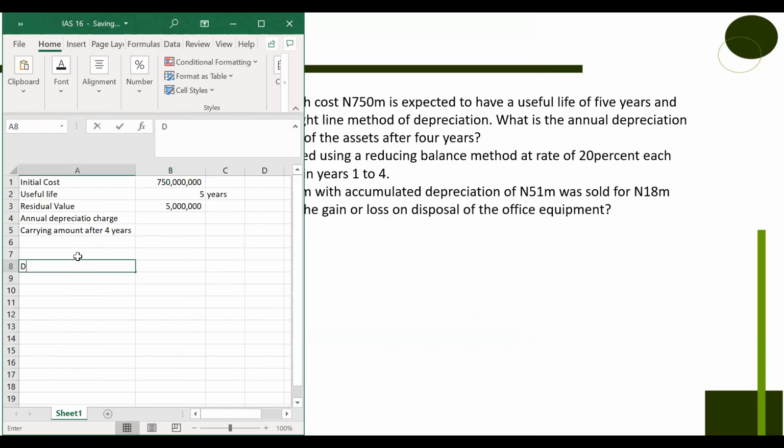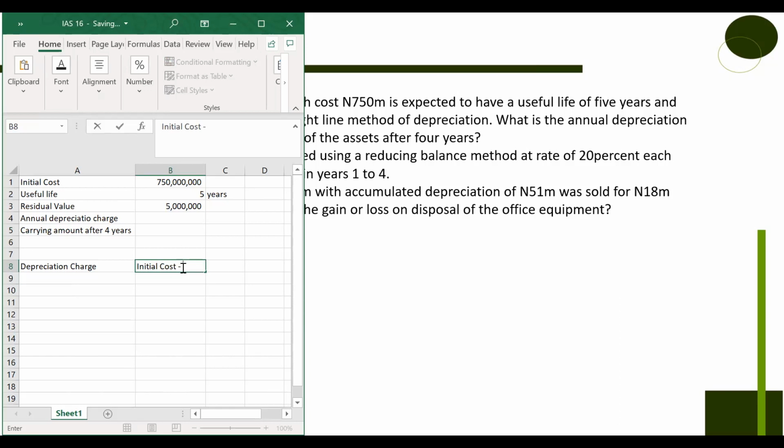Depreciation charge. You remember when we were talking about it the other time? How do you calculate it? This is the first question. Depreciation charge is calculated as initial cost less what? Can you think about it? You remember when I was talking about the depreciable value, what did I remove?